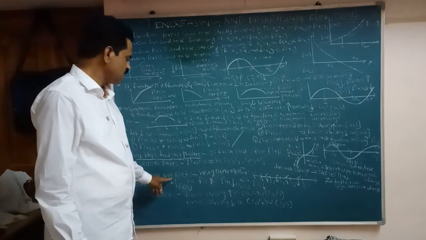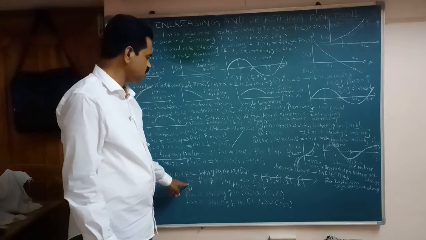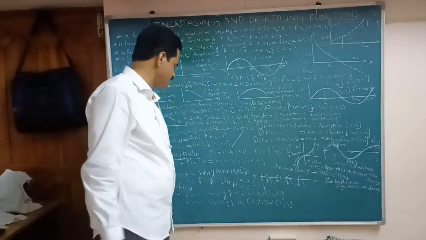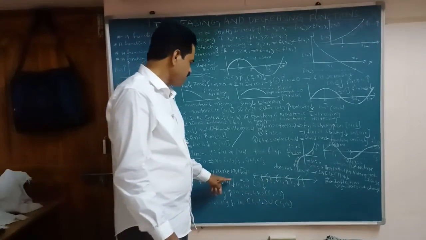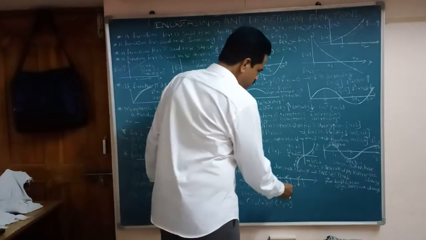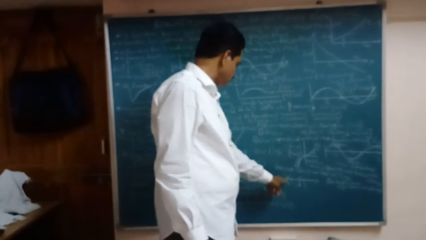For example, see here f dash x in A to C1, suppose it is greater than 0. It is increasing. Up sign means increasing, down sign means decreasing. Observe here C1 to C2, C2 to C3. It is positive, negative, positive.